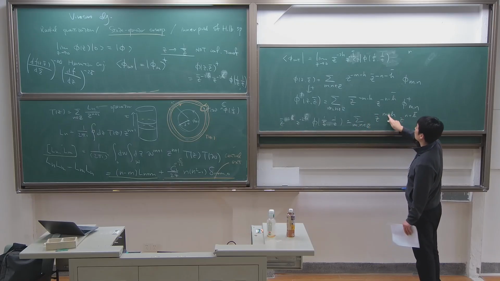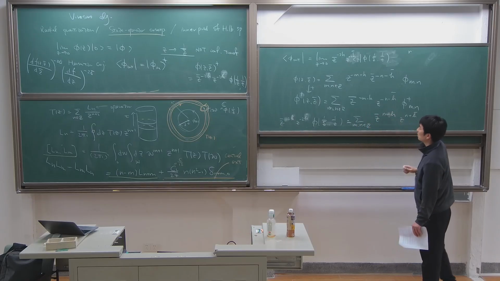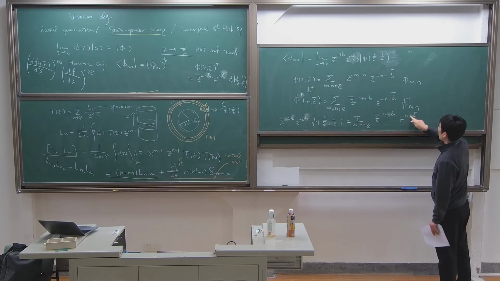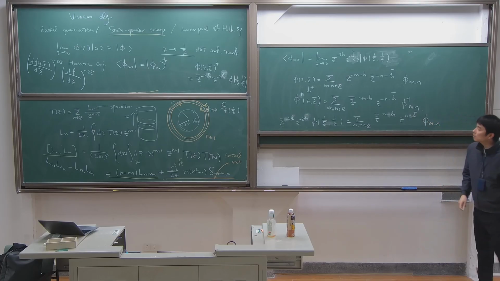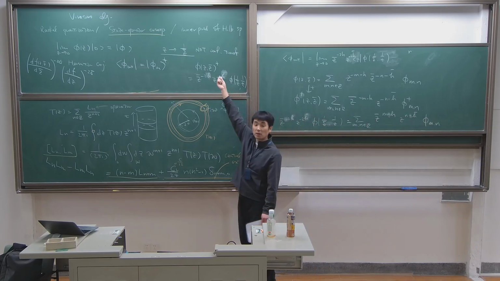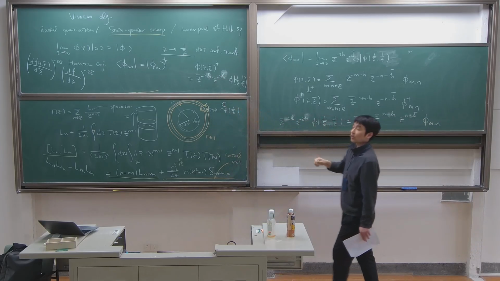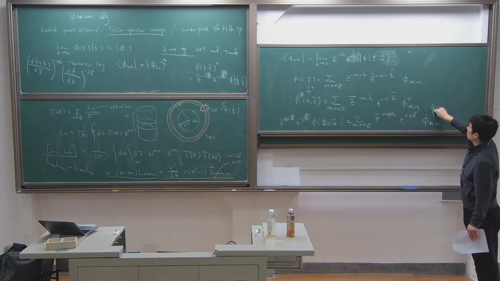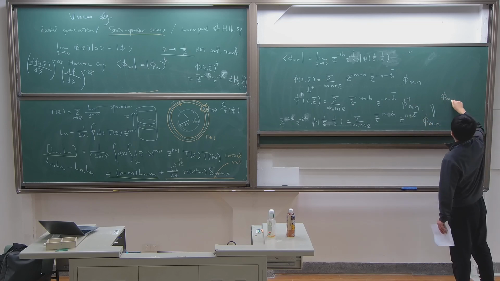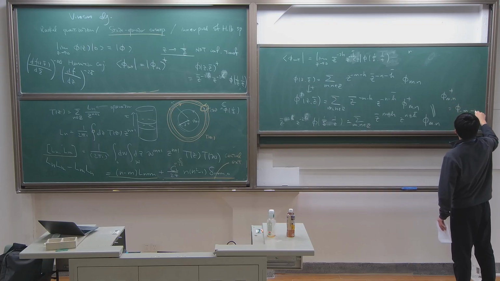So therefore this becomes minus, right? The same thing happens here. If you multiply this one, this becomes minus, and then phi m n. And according to this definition of the Hermitian conjugate, this should be equal. If you compare between these two, this means that phi m n dagger should be equal to phi minus m minus n.